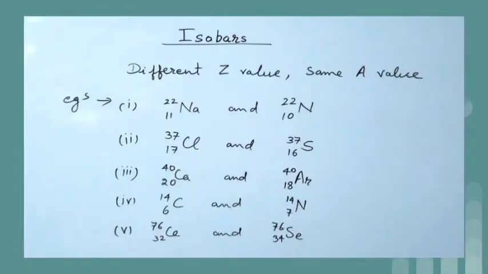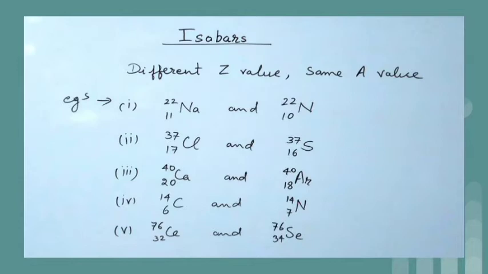Isobars are the atoms of different elements having same mass number A but different atomic number, that is Z value. So isobars have different numbers of protons, different numbers of electrons, as well as different numbers of neutrons. But same number of nucleons, that is total number of protons and neutrons, are same.